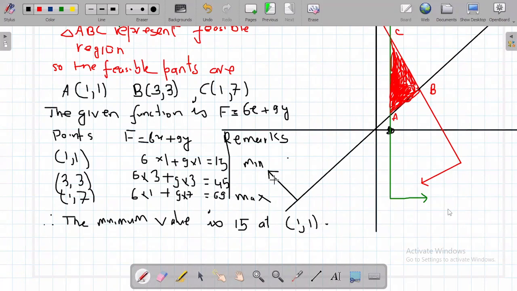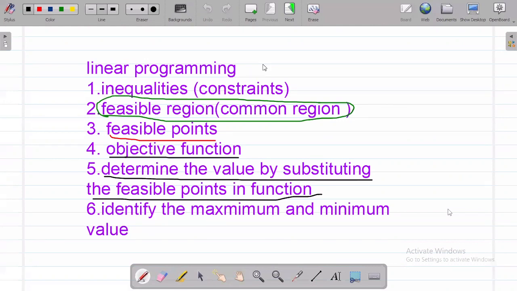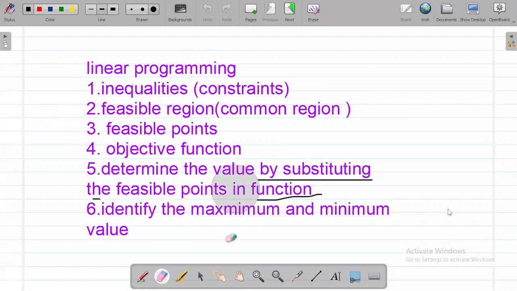So I hope you all have understood the way of finding the maximum or minimum value when the inequalities along with the objective function are given in the question. Please remember, first the inequalities will be given.